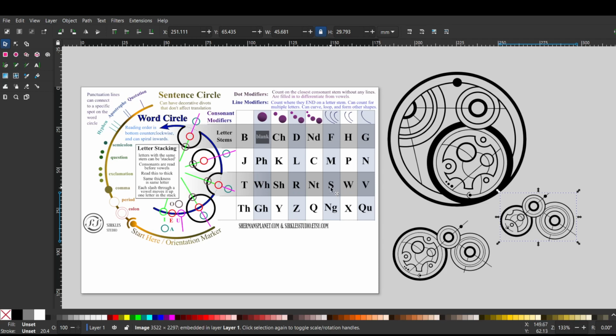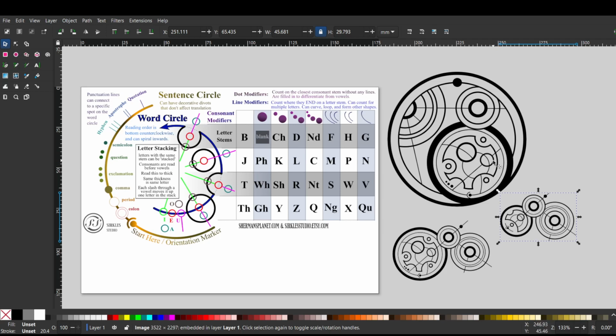So we have a letter S here. So then we have this vowel, and it's right inside the S, like this red one here, inside the mouth of that bite. And that makes it an E. So we have an S and an E. And these two letters are stacked in the same position, and when letters are stacked, consonants are read before vowels. So that's why it's the S and then the E.